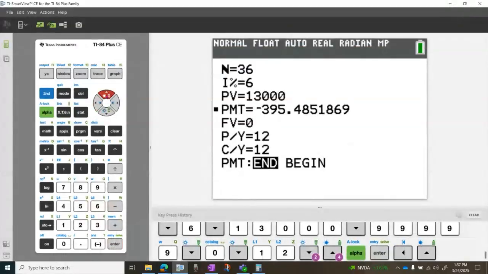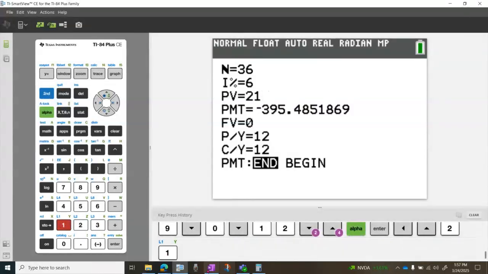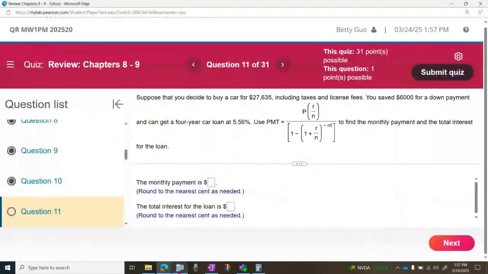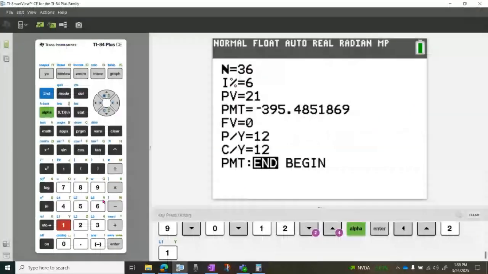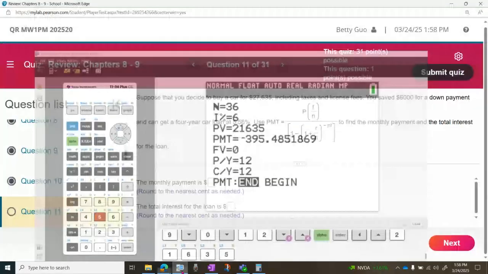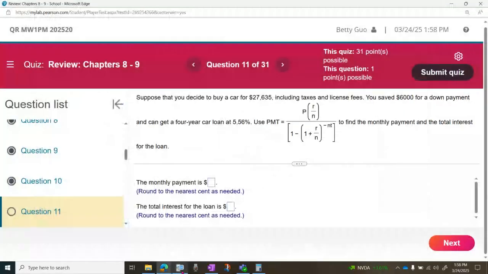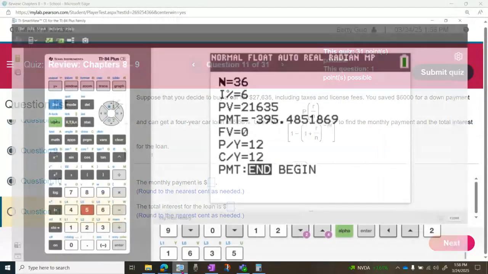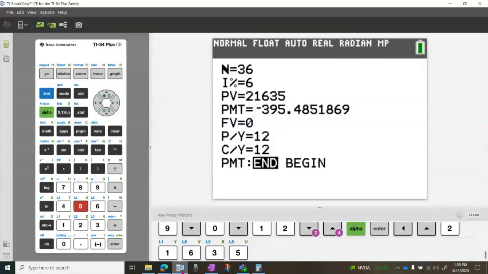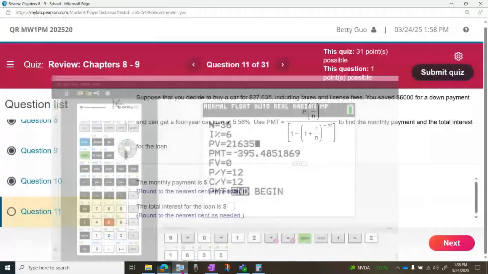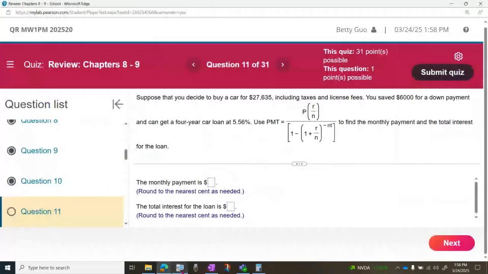So present value of the loan amount is 21 grand, 635. Let me double check. 27 grand minus 6 grand, 27 minus 6, 21. 21 grand, 635.